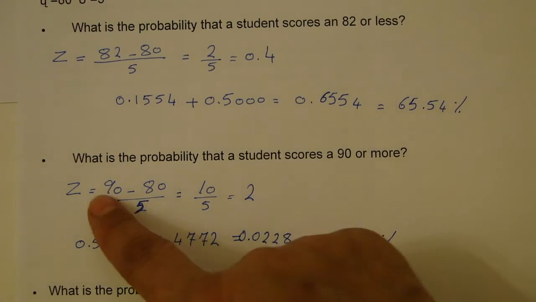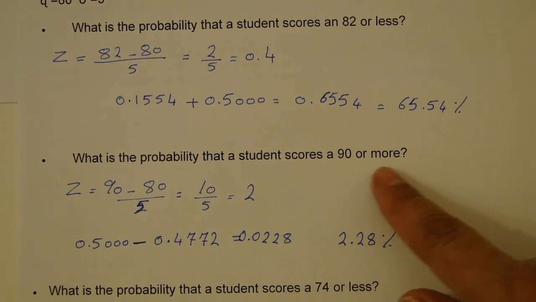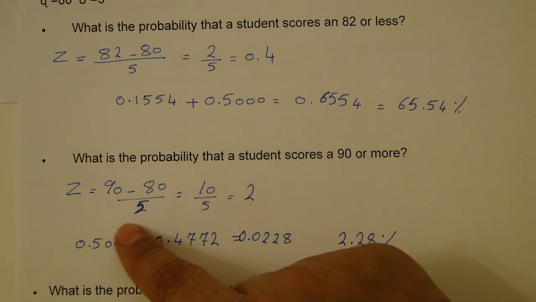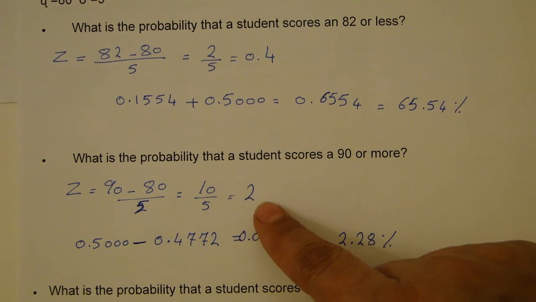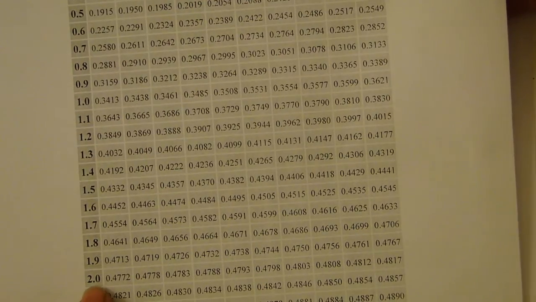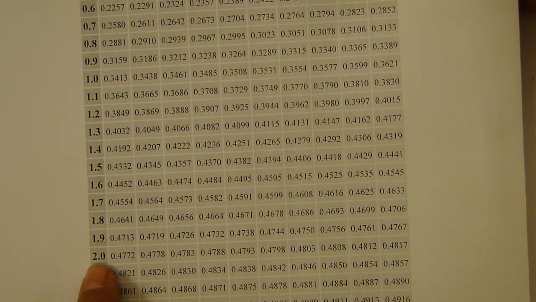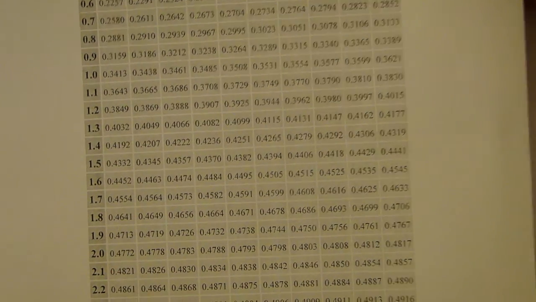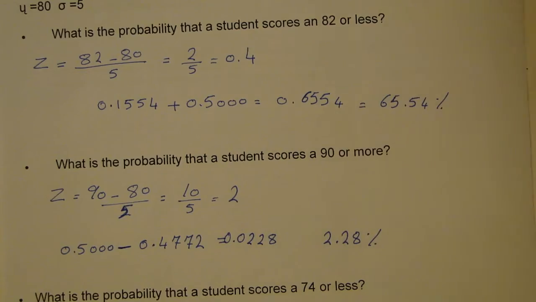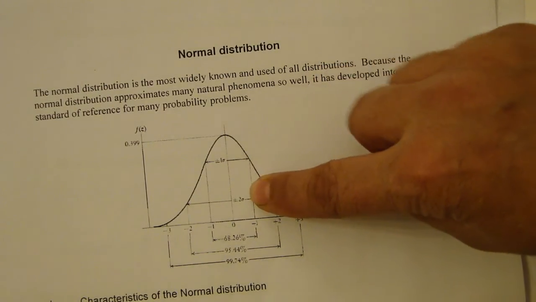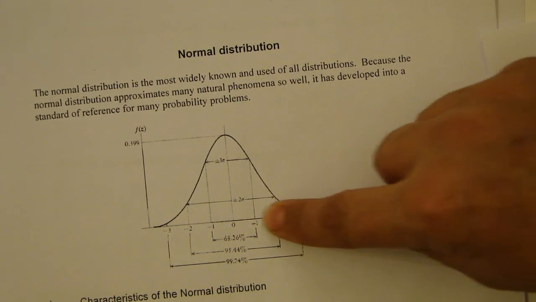Next question. What is the probability that a student scores a 90 or more? 90 minus 80 divided by 5, I get 10 over 5, which is 2. So I'm going to get my table and look for a 2. Where is my 2? Here it is, 0.4772. What did he ask me for? He said 90 or more. According to this table, 90 is after the 80, and "or more" would be only this part.